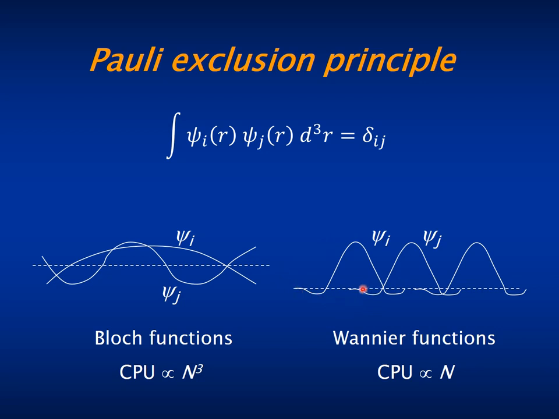And furthermore, the integral to compute their overlap will have to be performed only over a small region of space which does not scale as the system size. And that means that all the problem of orthogonalizing the Wannier functions will scale as n instead of n cubed. And this is basically taking advantage of the principle of localization.